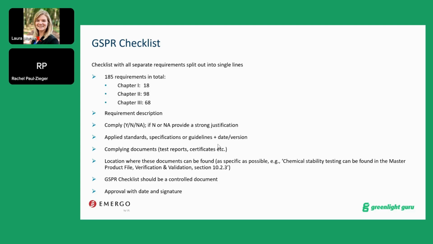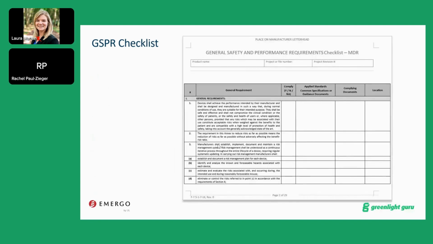This is a key concept because it means that, for example, if there is a new revision for a major standard or a new MDCG guidance, you need to verify what the new requirements are and what will be the impact on your GSPR checklist. So it is definitely a controlled document.